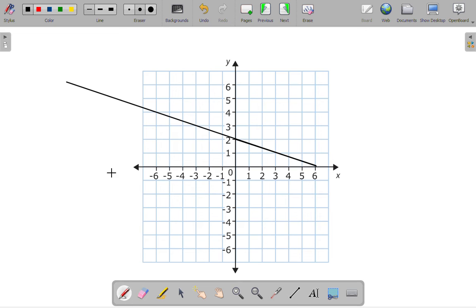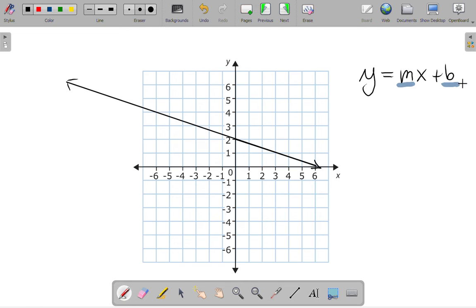So here's our line, and we want to know what equation would give us this line when we graph it. First step, write down y equals mx plus b. So I have to find two pieces here. I'm going to find that piece and that piece.